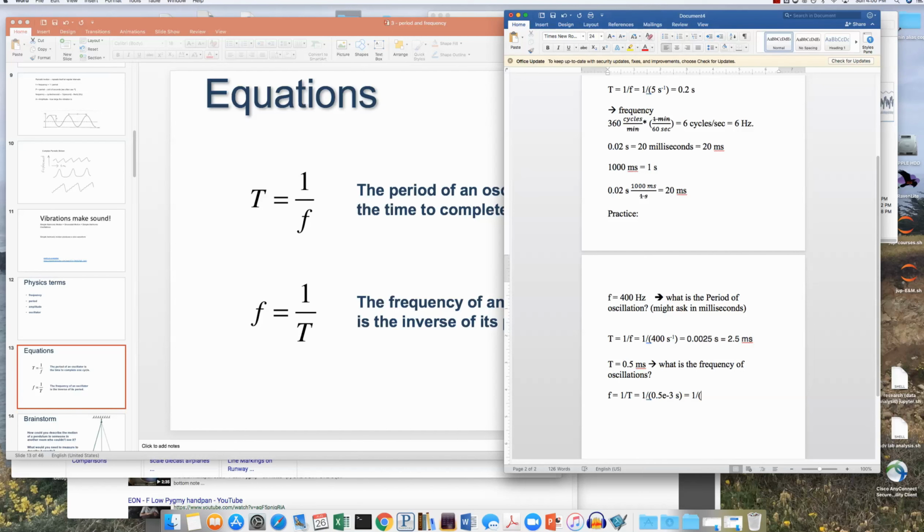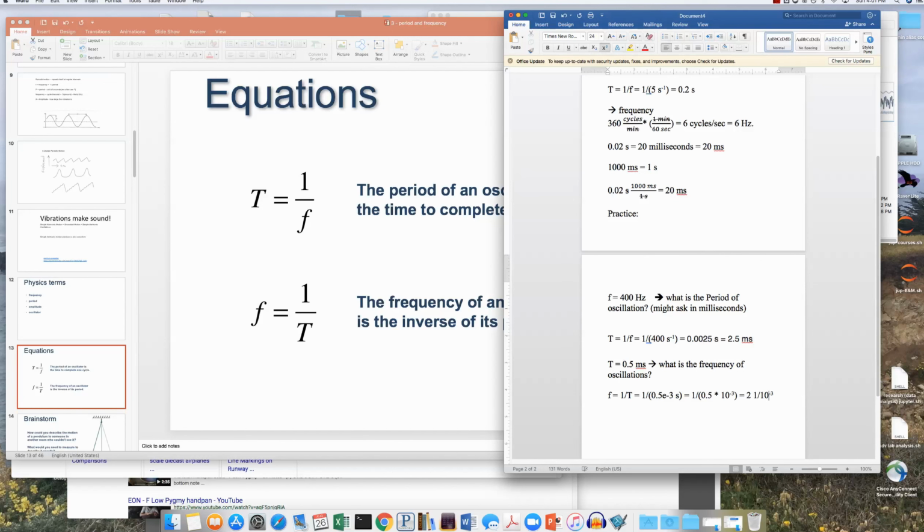So here we have 1 over 0.5 milliseconds, or I'll do 0.5 times 10 to the minus 3, and then I can take the reciprocal of 0.5, so that's 1 over a half, which is 2, and then times 1 over 10 to the minus 3.